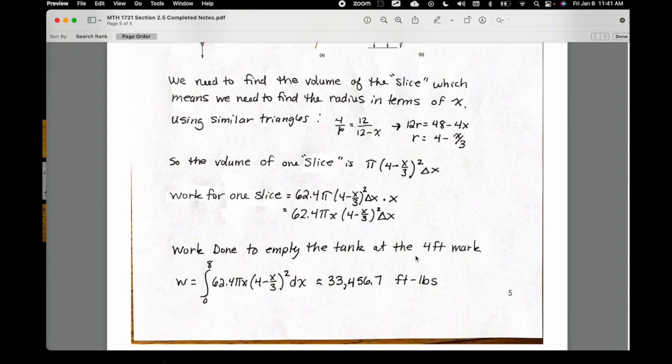And then when we integrate that over the interval that we partitioned, which is from 0 to 8, we get 33,456.7, and because we're using the English system, the work is going to be in foot-pounds.